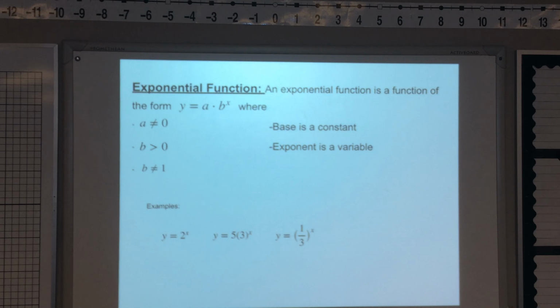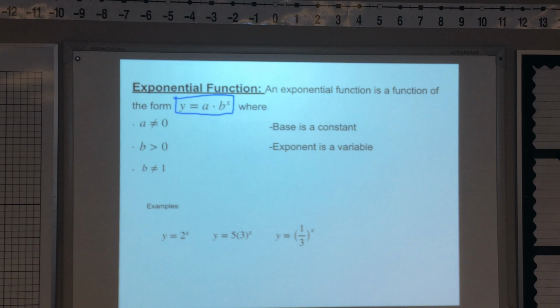Okay, exponential functions, we only have one form. And what they look like is y equals a times b to the x power, where our a cannot be 0. Okay? A cannot be 0. Our b has to be greater than 0. And it can also not be 1.